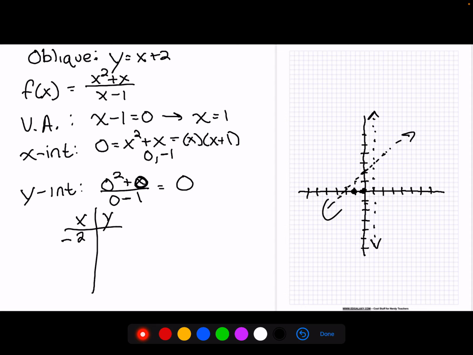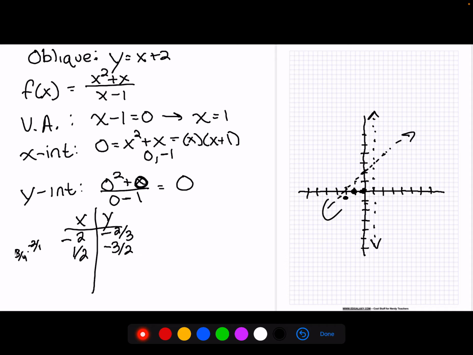I get 4 minus 2 is 2, so -2/3, roughly here. Then if I plugged in 1/2, I get 1/4 plus 1/2, 3/4 over -1/2, so -3/2.